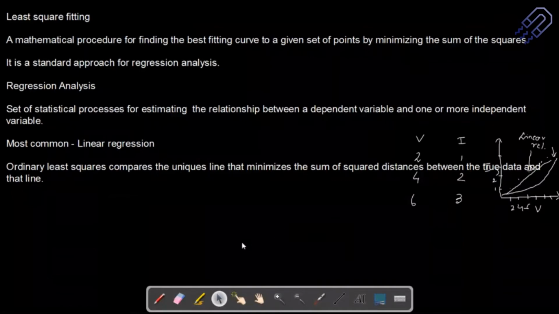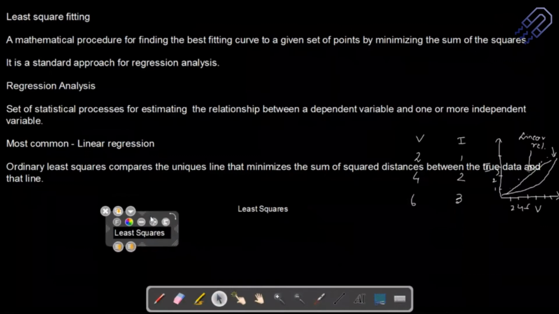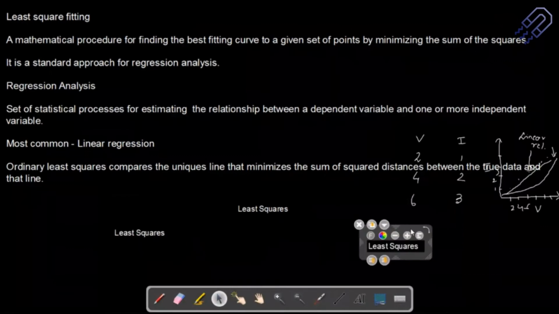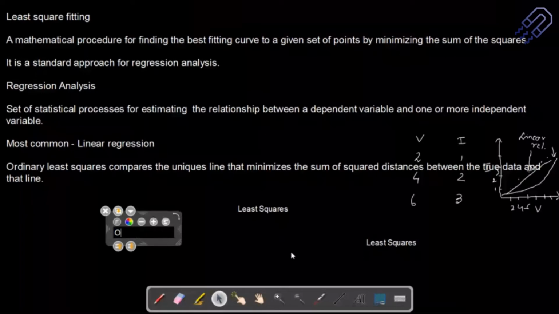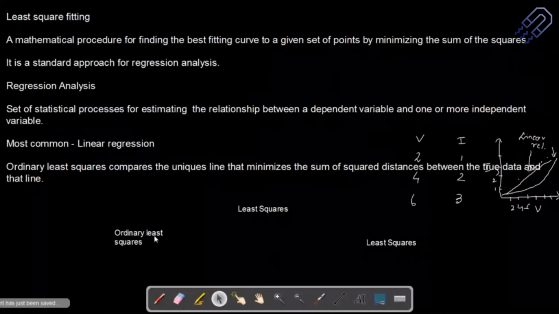Maybe I can write this down. So when we write down least squares, they might be ordinary or non-linear. By ordinary I actually mean that we are talking about ordinary least squares, that it is linear in nature.